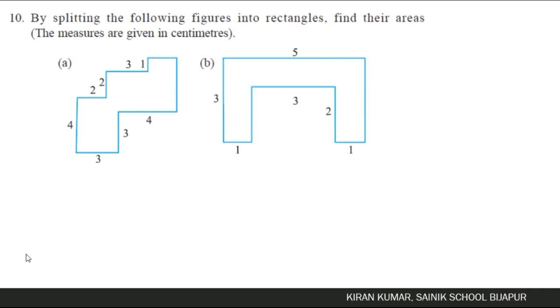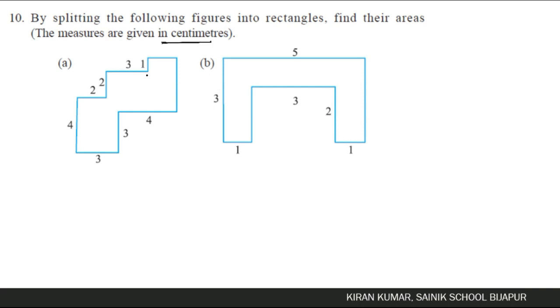Question number 10. This is very easy, but you need to understand. You need to split the given figure into rectangles to find their areas. The measures should be in centimeters. These numbers are given in terms of centimeters.